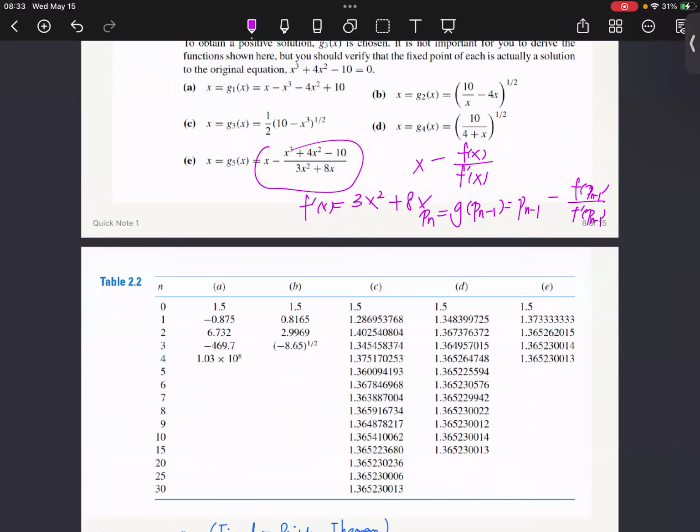If you compare this to what you have for the other example, you will find out that this Newton's method works very well, and you have only 4 iterations to get the desired accuracy. So this is the example, and then let's get to another example.